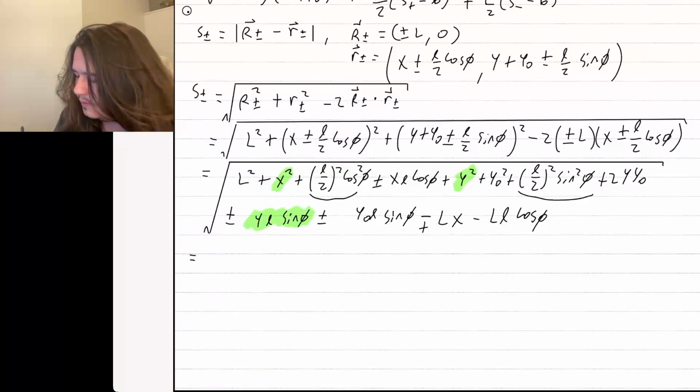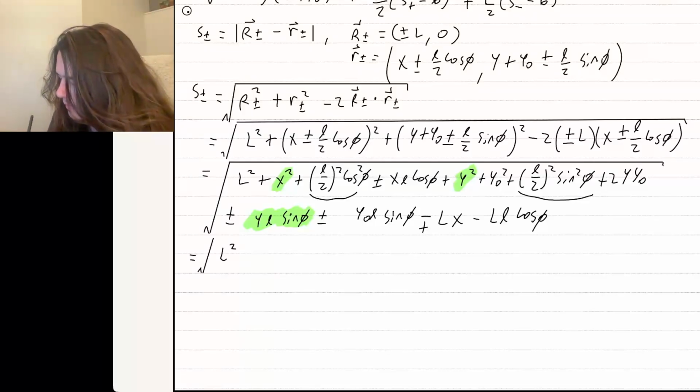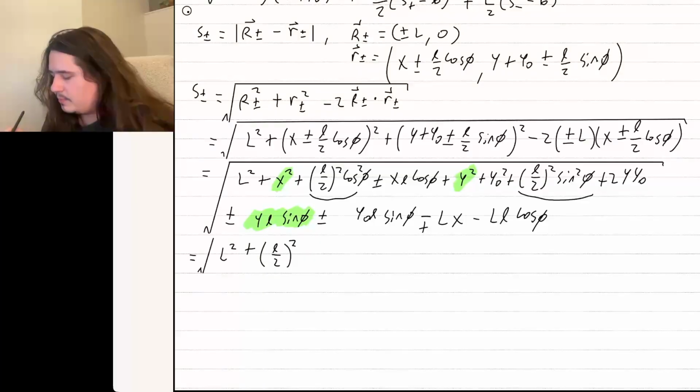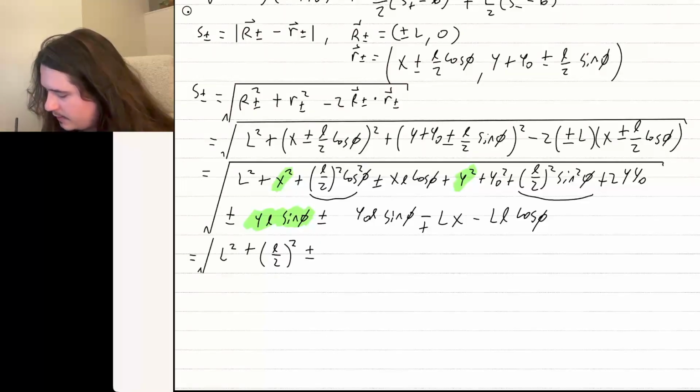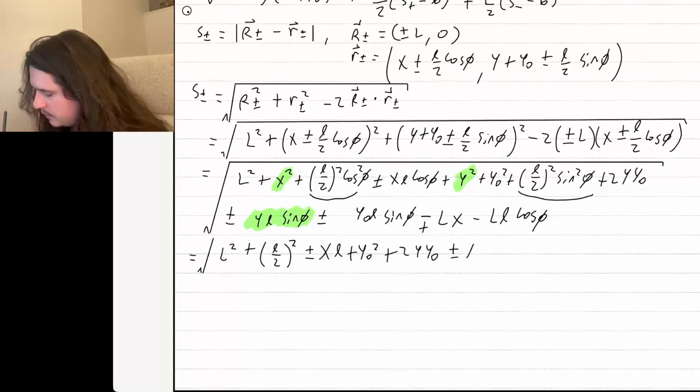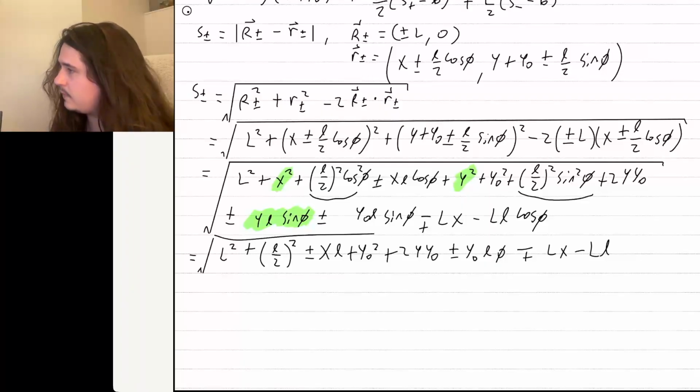So with all of those approximations, we've got L squared plus little l over 2 squared, plus or minus just xl, plus y naught squared plus 2y y naught plus or minus y naught l phi minus or plus lx minus little l capital L. Right.